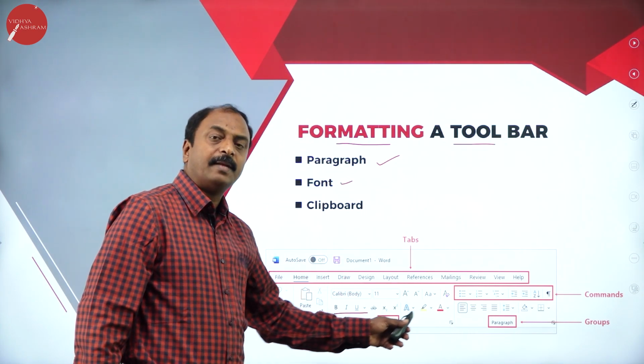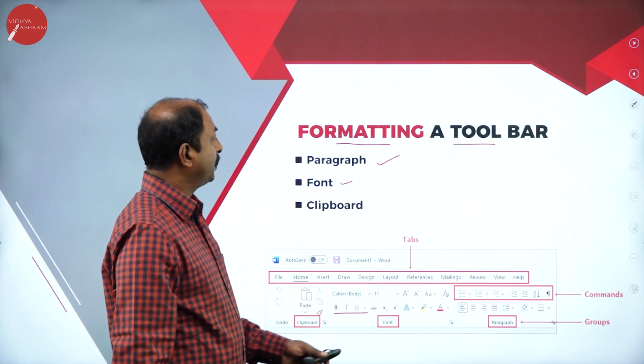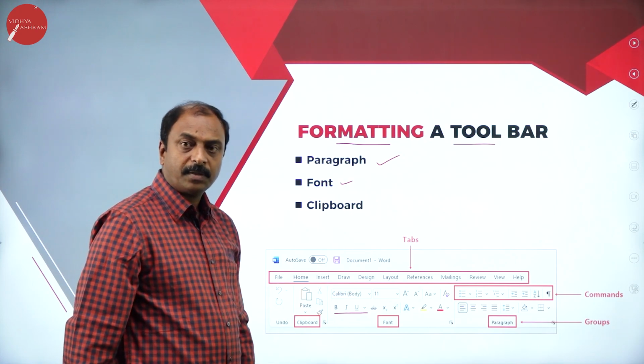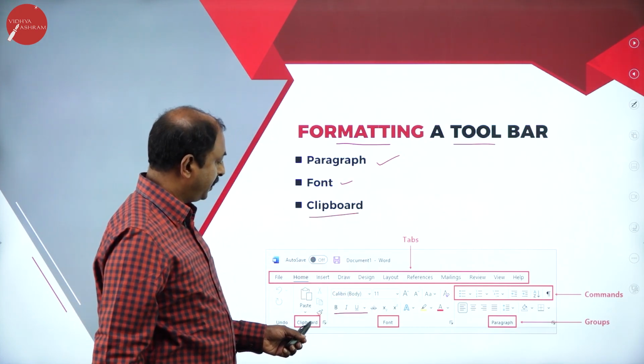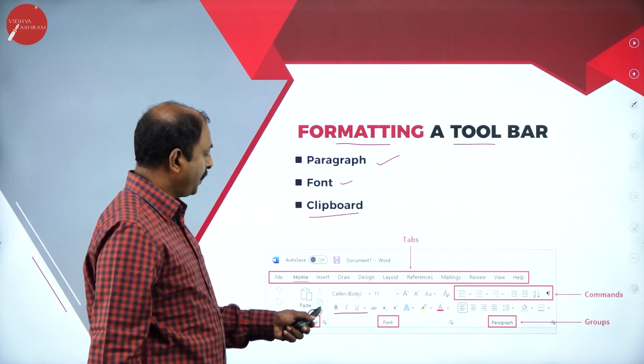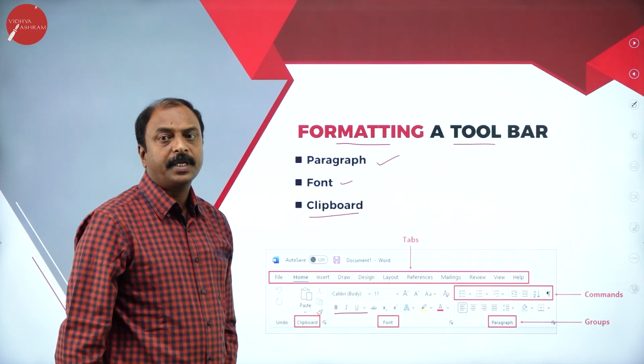All these actions can be performed on a document, and these are under the font group, and this is called formatting a document. And one more is clipboard, under which we have cut, copy, paste. These are all different options for formatting a document.